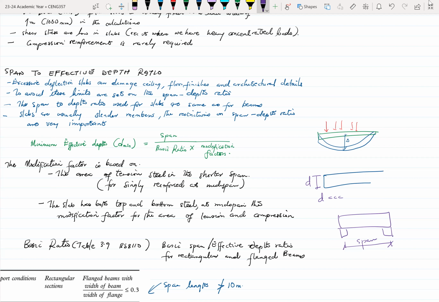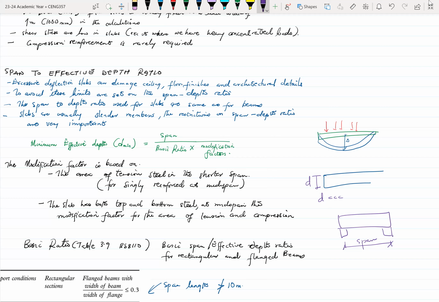So how do you determine your D, your effective depth? The span, you know the span. You know how wide your slab is with respect to the support, and you also have your rebar arrangement and all of that. Normally, since it's a ratio, you find the span over the effective depth.